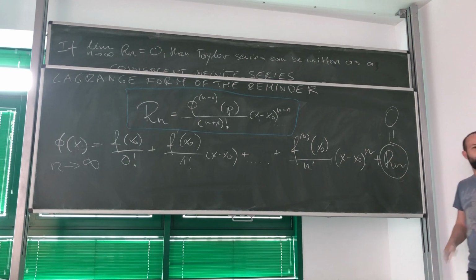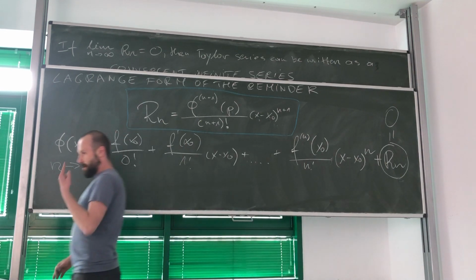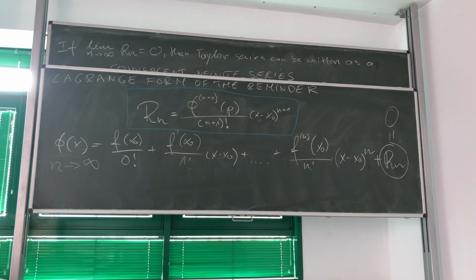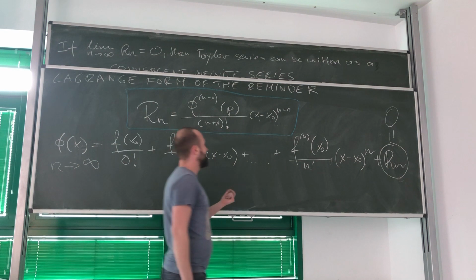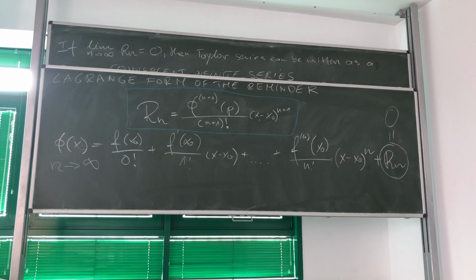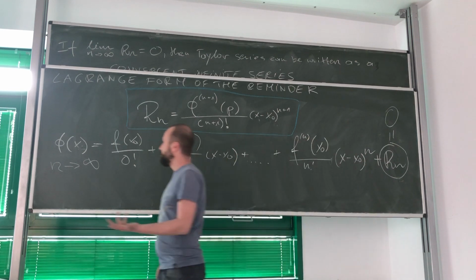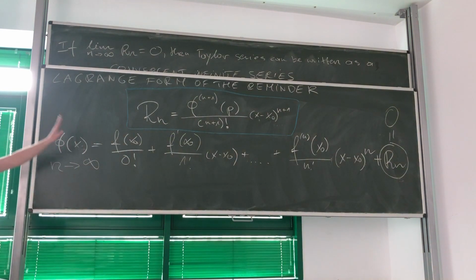We would assume that we will be getting a better and better approximation. However, the question is when this approximation can be perfect. The answer is very simple: when there is no remainder. However, how can we check? This is where the Lagrange form of the remainder is useful.